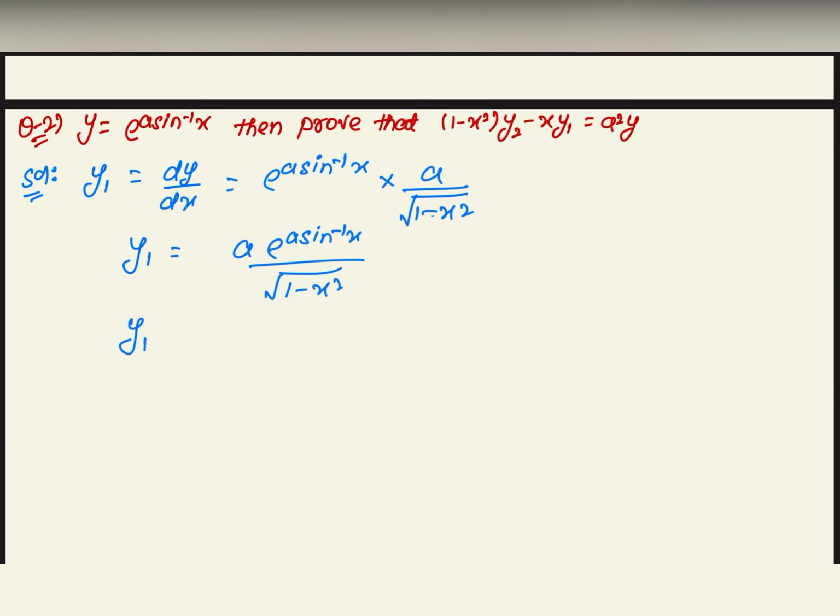So y1 into under root 1 minus x square is equals to a e to the power a sin inverse x.